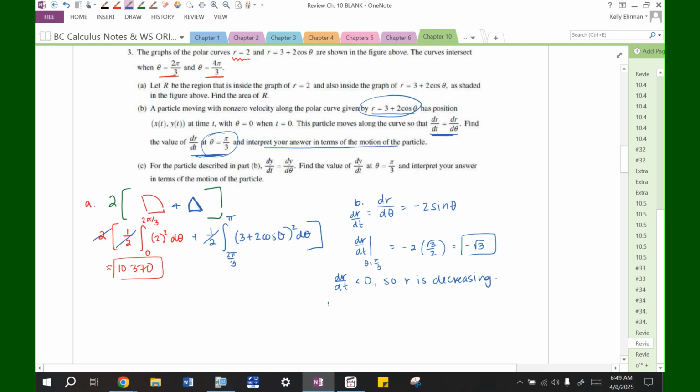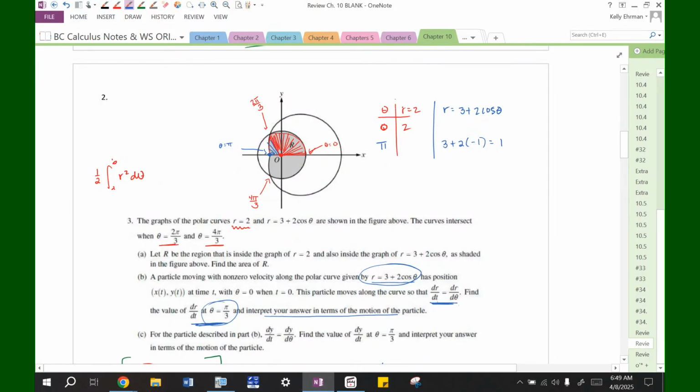So what is r of pi over 3? r of pi over 3 is equal to 3 plus 2 times 1/2, cosine of pi over 3. So 4. So r of pi over 3 is greater than 0. So we've got a positive radius, but the radius is decreasing. So that means that if you've got something positive but r is decreasing, we're getting closer to the origin.